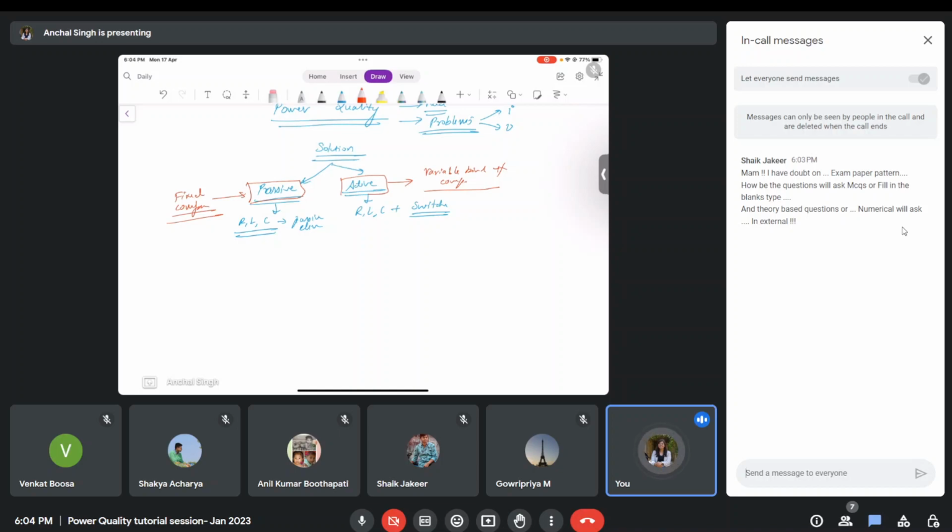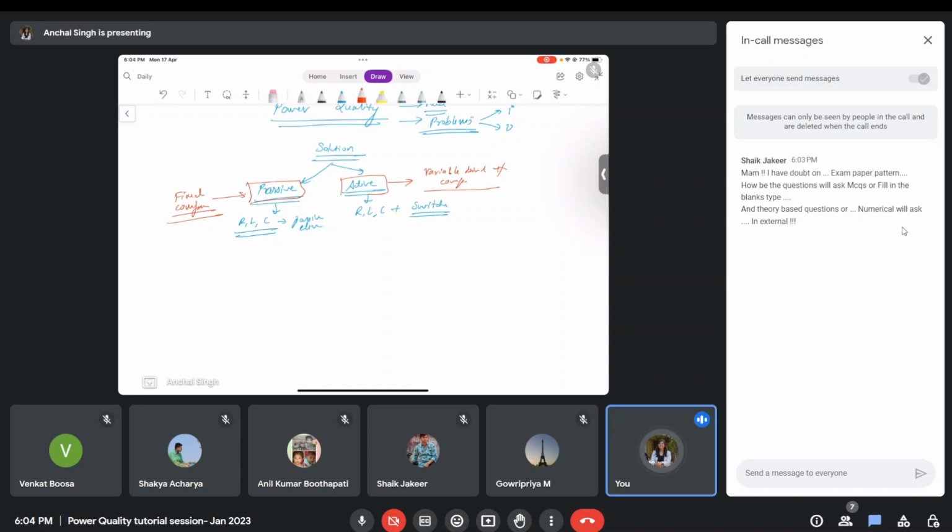I don't have a proper clear idea about the exam pattern, but in most of the NPTEL exams, the standard pattern is similar to the questions given in the assignments. Since this was a very highly numerically based course, I think numericals will definitely be there.